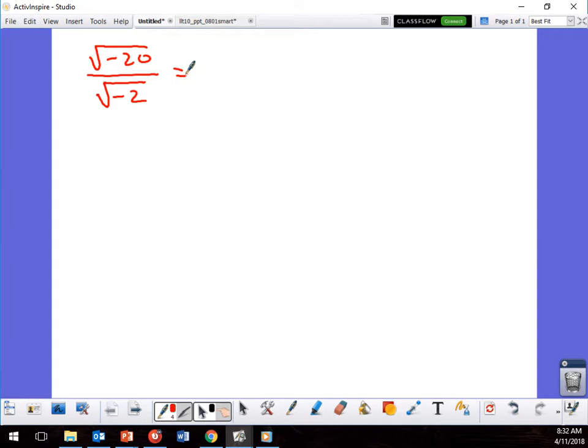If I have a radical on top and bottom, then you have to get rid of the radical. It's violating two rules. So now, right here, they're both radicals, so I could combine them under one radical as a fraction. Big radical, negative 20 over negative 2. It's a little bit less work.